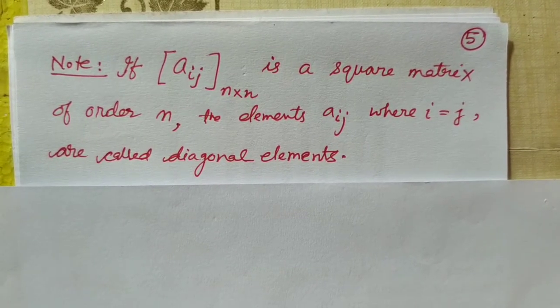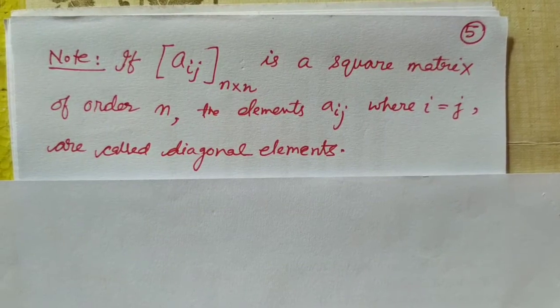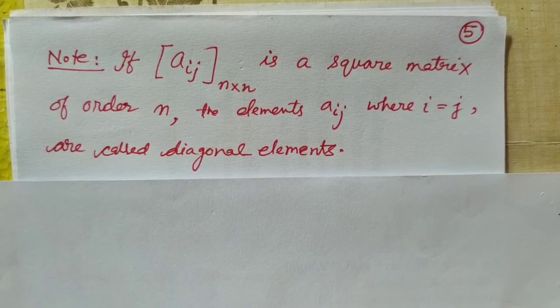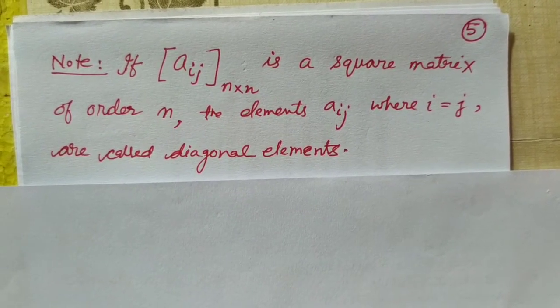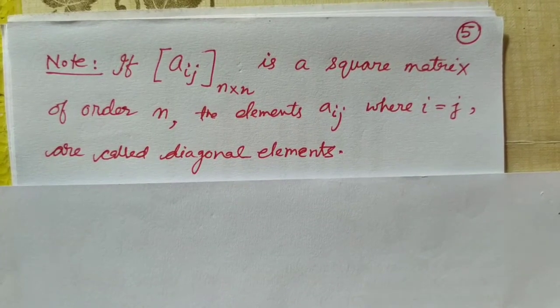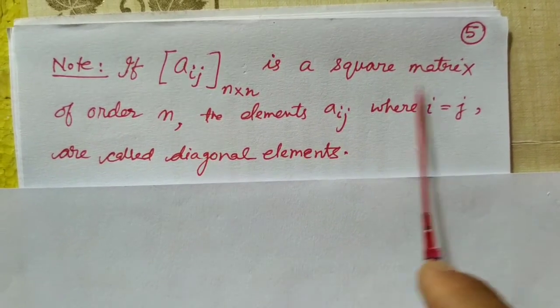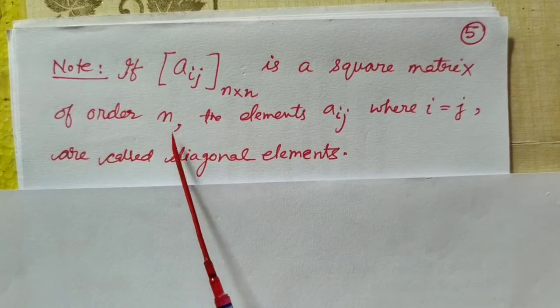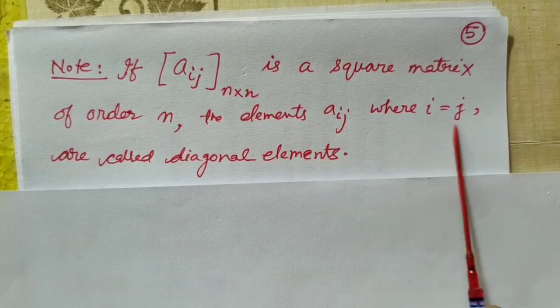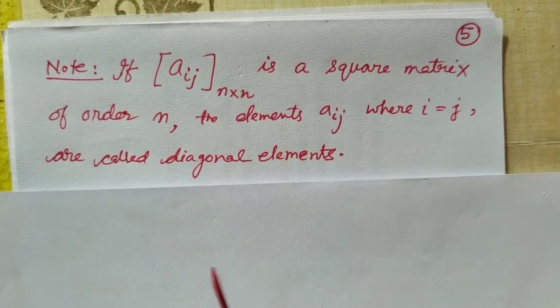Before we go to the next type of matrix, it is very important to know one definition. What are the diagonal elements of a matrix? If [aij] is a square matrix of order n, the elements aij where i is equal to j are called diagonal elements.